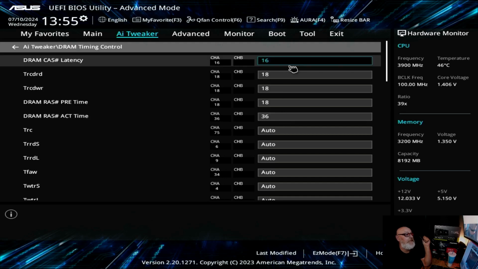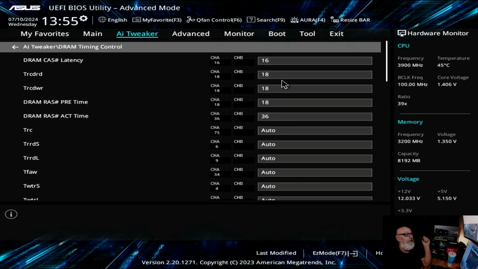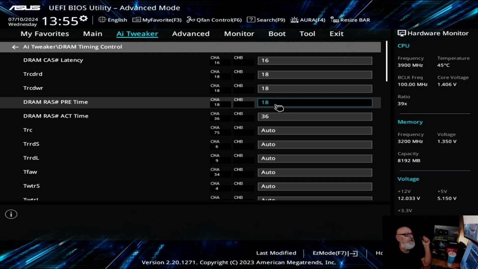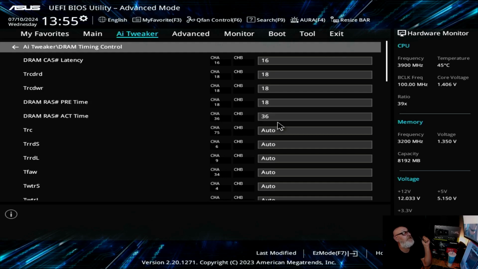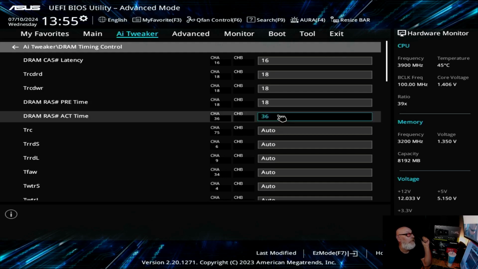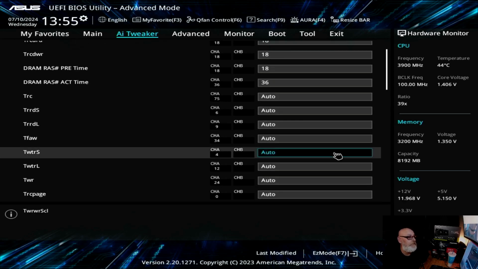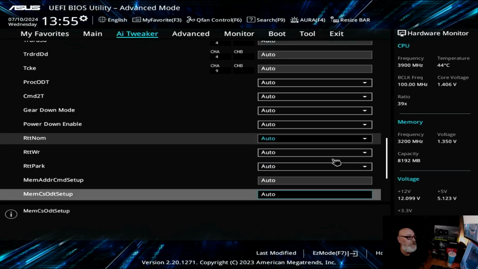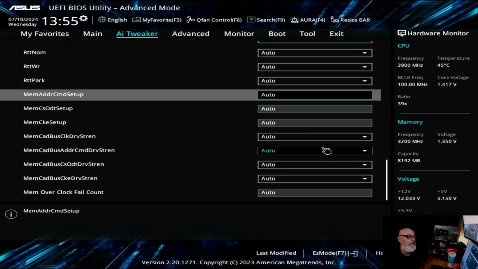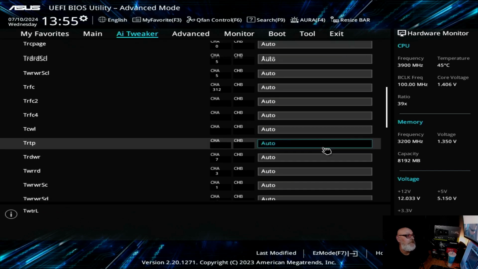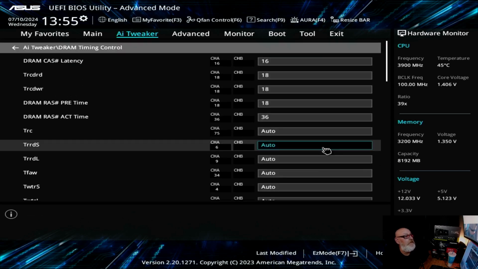The DRAM timing control was 16, 18, 18, 18, and 36. So now we got it all set in stone. We don't need to do much anything else here. Everything else is on auto. So we don't need to do anything else here.